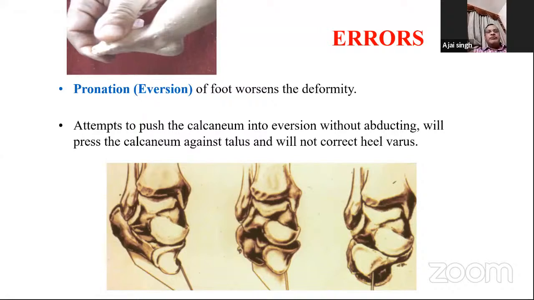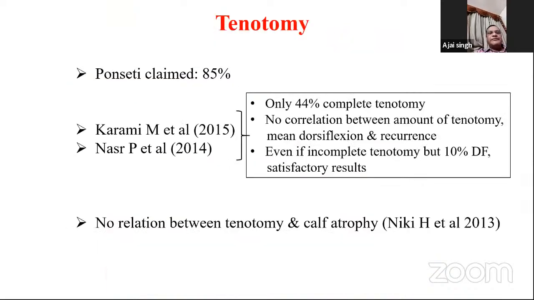And if we press too hard, then the cartilage of the talus as well as the calcaneum will be damaged, and the chances of stiffness of the foot will increase. Next, please.